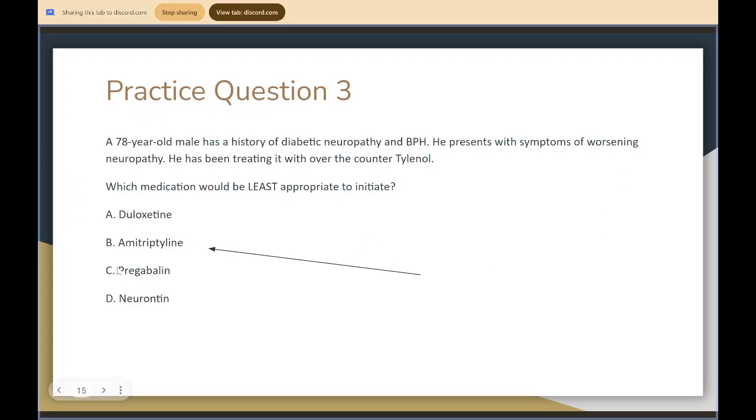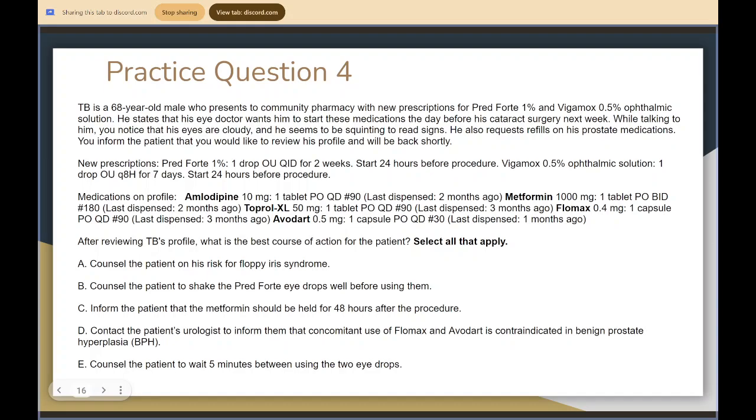All right. Now, practice question 4 says TB is a 68-year-old male who presents to the community pharmacy with new prescriptions for Pred Forte 1% and Vigamox 0.5% ophthalmic solution.